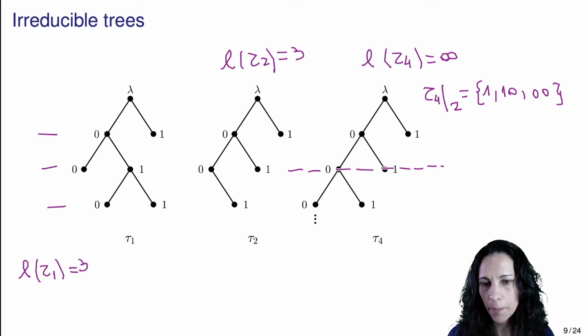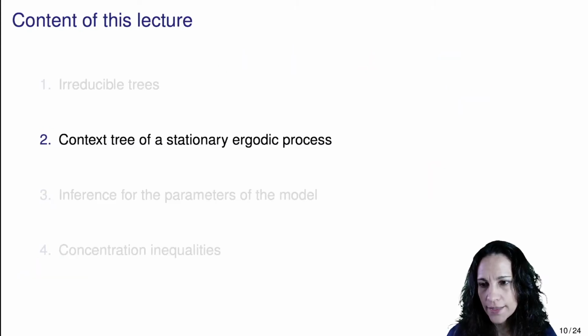So with these examples, we finish the first section of our first lesson. So let's see the definition of context tree of a stationary ergodic process.